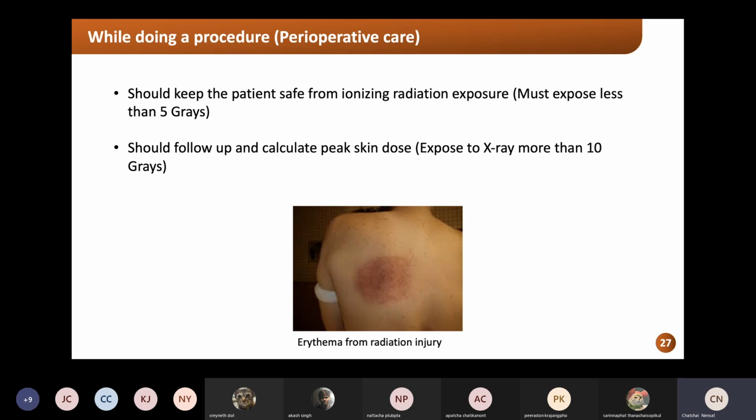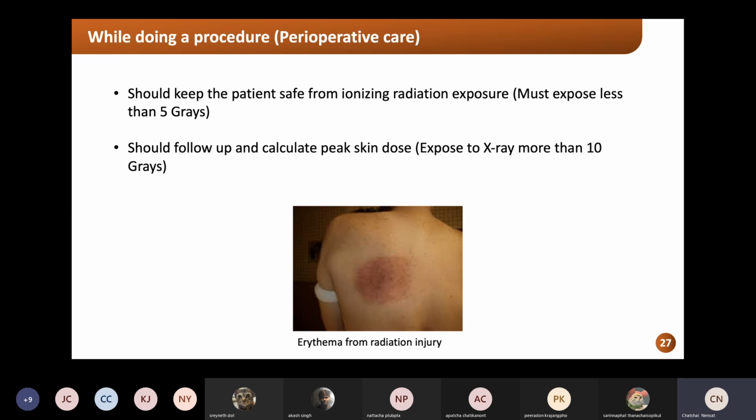But anyway, we have the protection, right? Before we come into the procedural room, we have to wear a thyroid shield, goggles, and also the lead apron, something like that, always to protect us from ionizing radiation exposure.